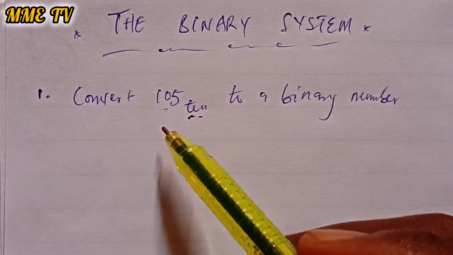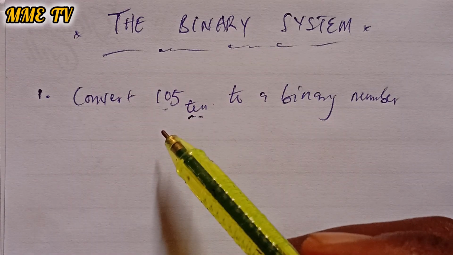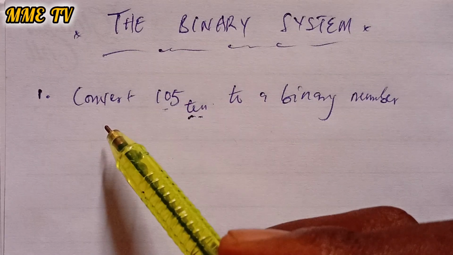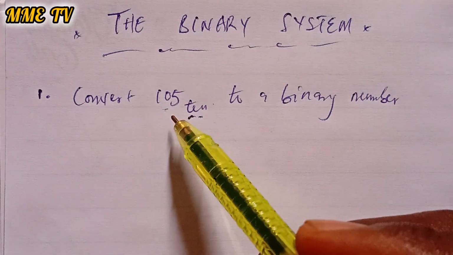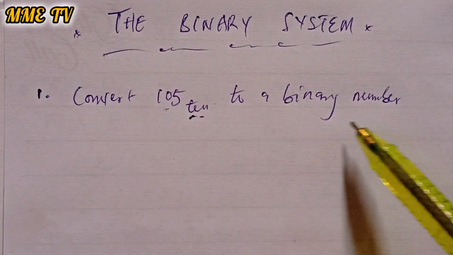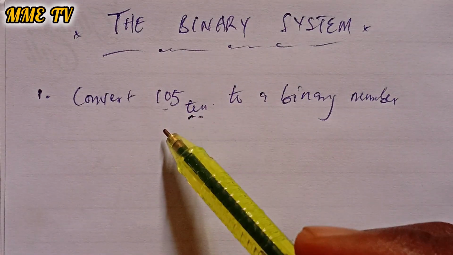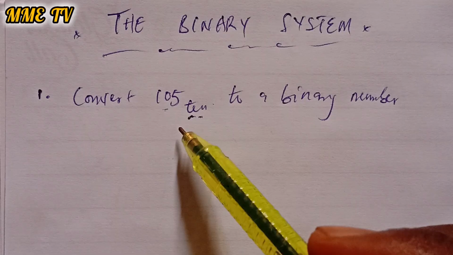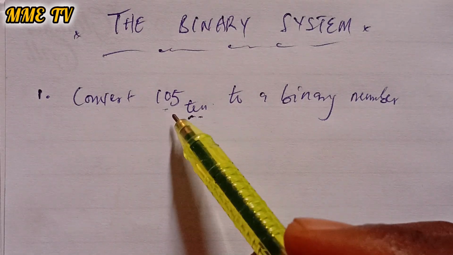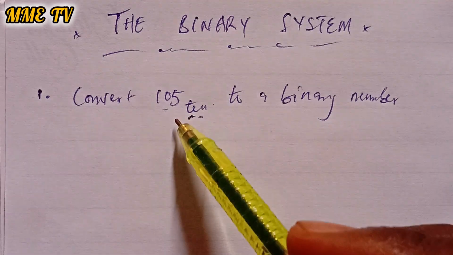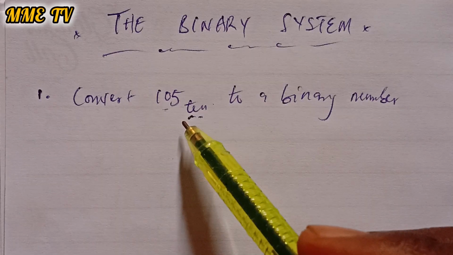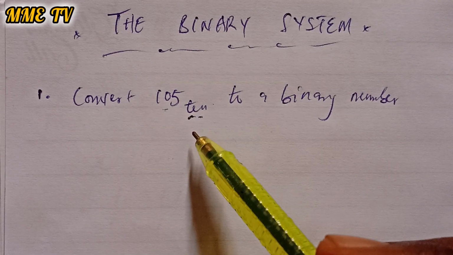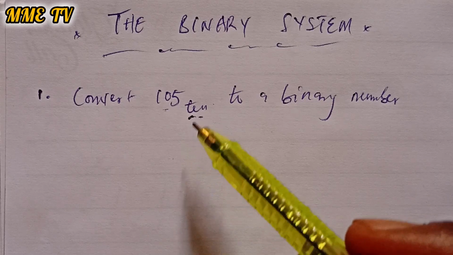In some exams you attend, there could be typing errors, and you see something like: convert 105 to binary number. There is no base beneath it. Your mind is supposed to tell you that, normally, what is there is base 10. As long as nothing is added as a base, it means there is an already existing base 10 somewhere. I hope this is very clear.